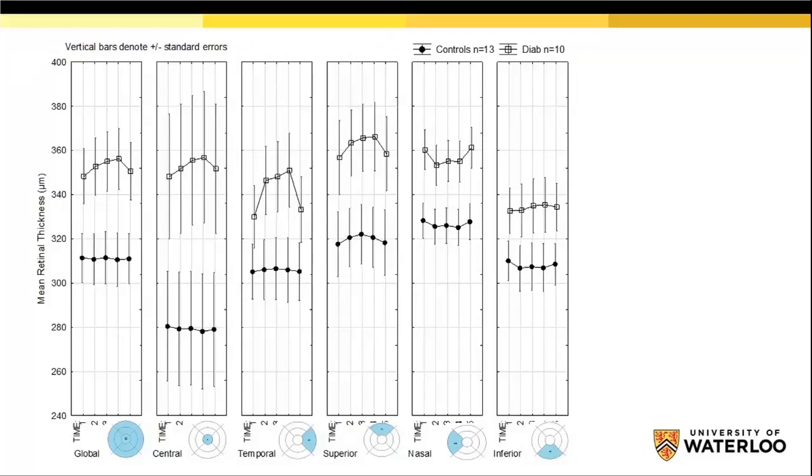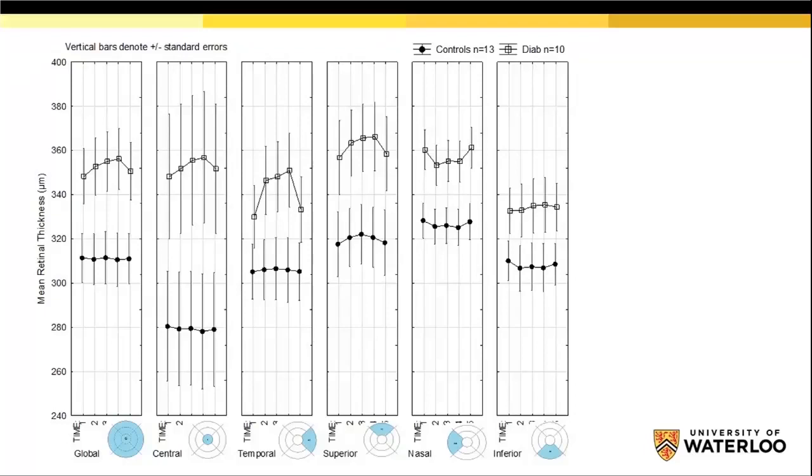The open circles are people with diabetes or diabetic retinopathy, and the closed circles are healthy controls. And basically what the results are showing, if you look in the temporal sector in particular, you can actually see that these patients, when they lie down, show a large increase in retinal thickness.